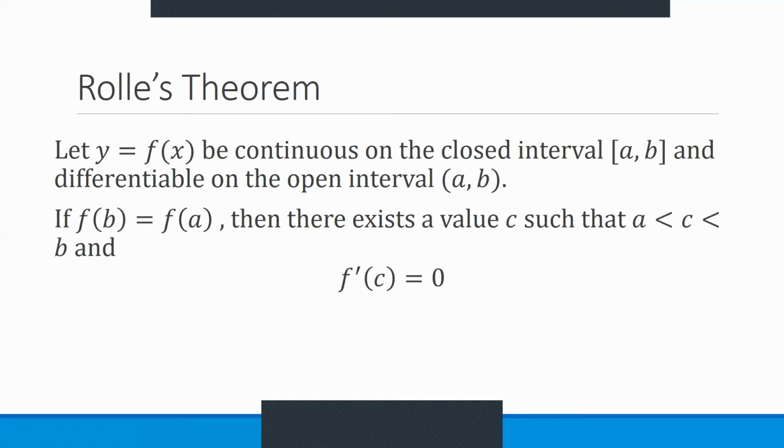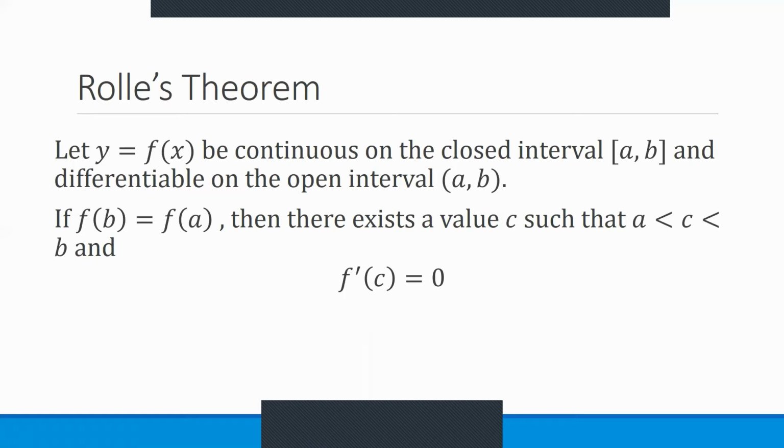Now, a corollary of the mean value theorem is what's called Rolle's theorem. Let f be a continuous function on a closed interval and differentiable on the open interval from a to b. If we have f of b equal to f of a, then there exists a value of c where the derivative of f at c is equal to 0.